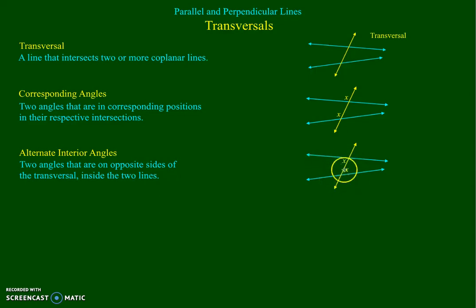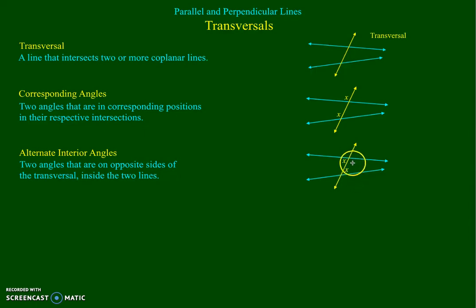So in this particular angle pair, we have two angles that are on opposite sides, or we would say alternating sides, of the transversal, of this little knee-high wall, and they are inside, in the interior of the fort. So we would call those two angles alternate interior angles. So alternate because they're on opposite sides of the transversal, and interior because they're inside the walls of the fort.